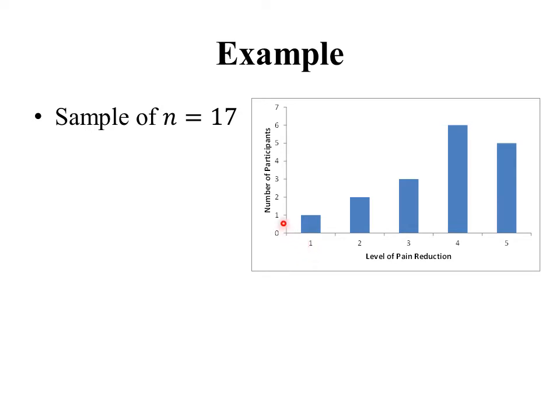In one patient, they had a level of reduction of 1, so it didn't work very well for them. In 2 patients, they had a reduction of 2. In 3 patients, they had a reduction of 3. In 6 patients, they had a reduction of 4. And in 5 patients, they had a reduction of 5. So there's a histogram of our data.